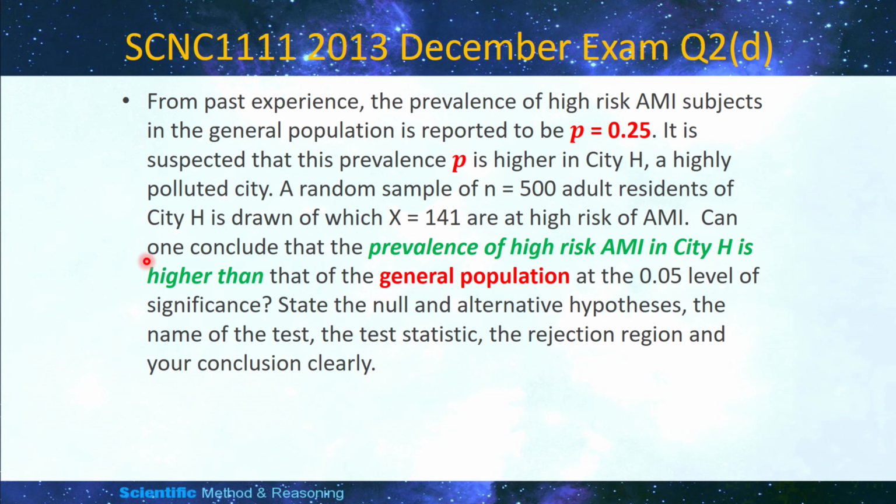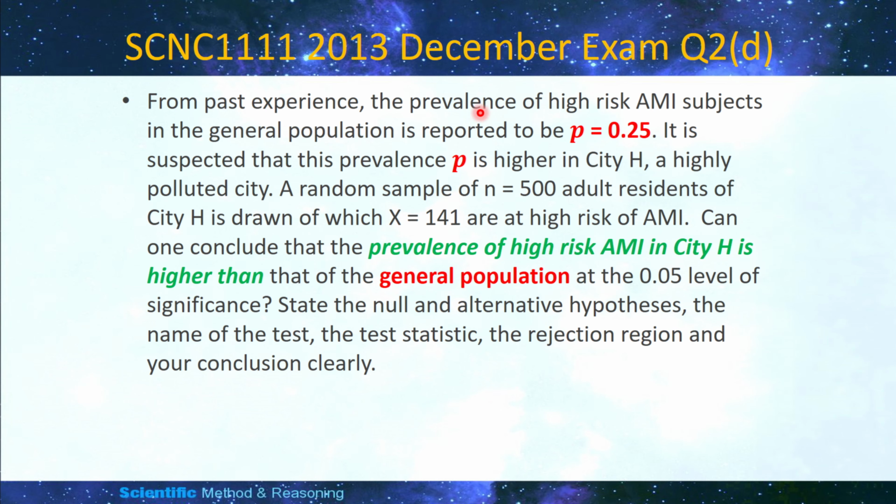The question is, can one conclude that the prevalence of high-risk AMI in city H is higher than that of the general population at the 0.05 level of significance? The question is to state the null and alternative hypotheses, the name of the test statistic, the rejection region, and your conclusion clearly. What we're going to do here is to state the null and alternative hypotheses first.